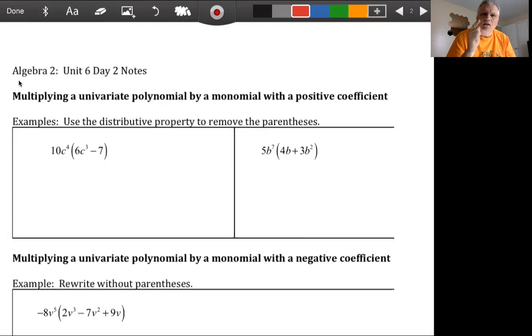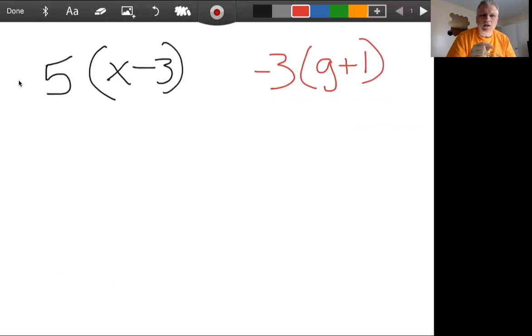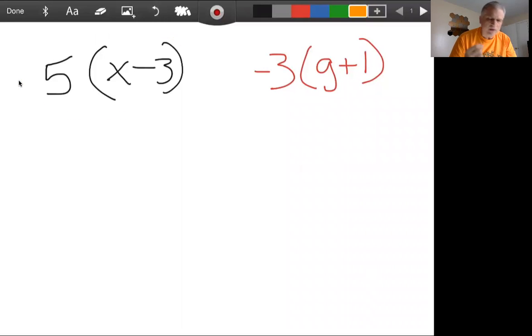But let's briefly go back to something that I hope you remember easily in Algebra 1 and see what you're going to need to remember in order to do today's topic. I have a couple of Algebra 1 questions here. This first one says, multiply 5 times x minus 3. Now, x minus 3 is two terms. It's actually a binomial, a type of polynomial.